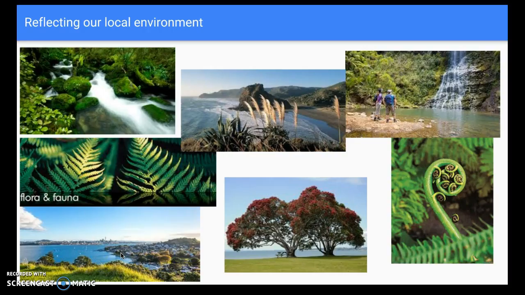So this is what I'm talking about, reflecting your local environment. I just found some images that relate to West Auckland and to New Zealand. So you've got things like beaches, Lion Rock out at Piha. You've got some of the flax bushes here and the toi toi. Over here you've got water as a key element and waterfalls, ferns, Pohutukawa, again water, and the landscape.